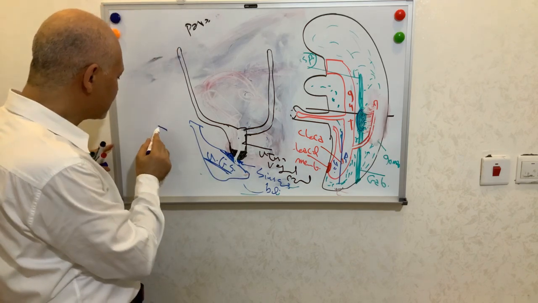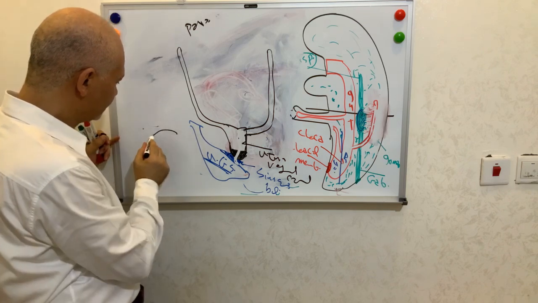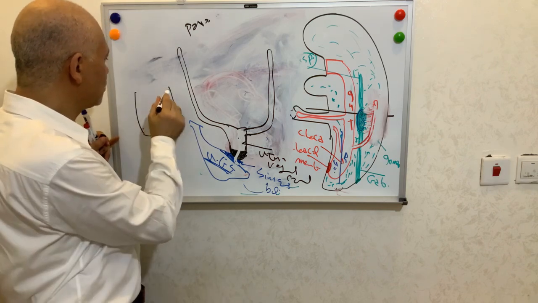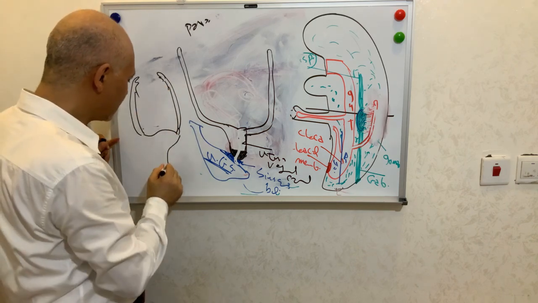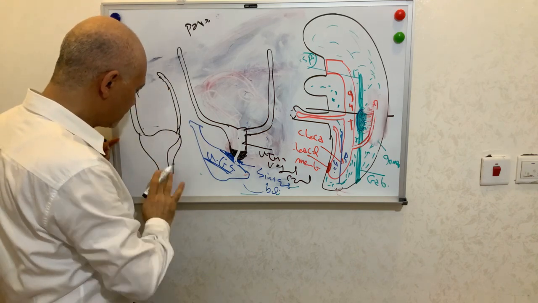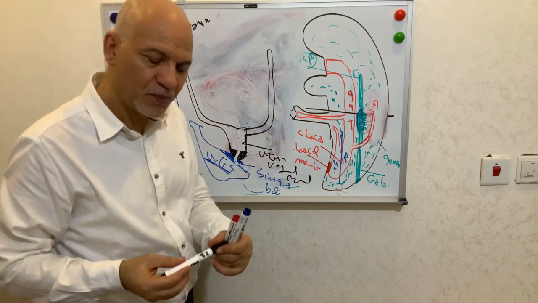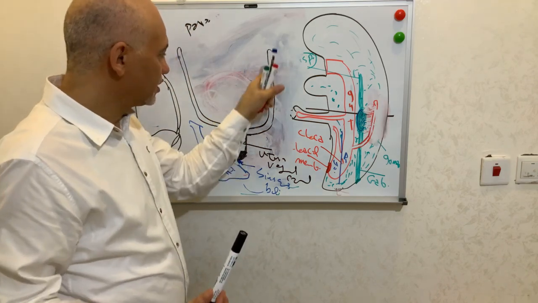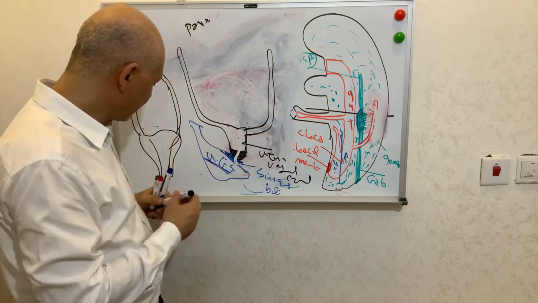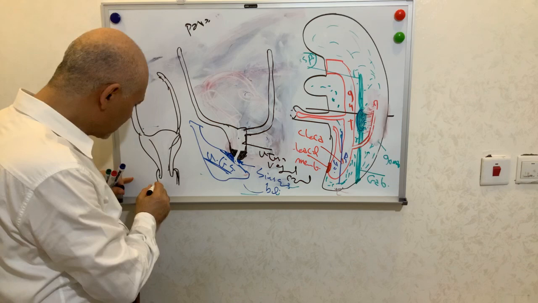Now this is the uterus, this is the fallopian tube. The uterus is formed by the part in black color from Mullerian duct or paramesonephric duct, and the upper part of the vagina also.